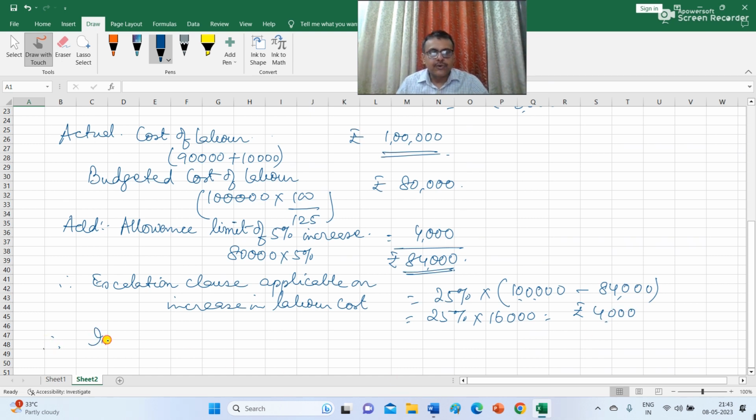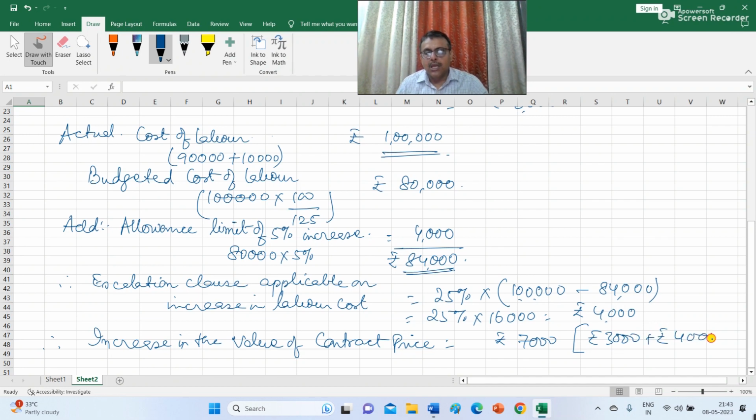Therefore, increase in the value of contract price is rupees 7,000. 3,000 for material and 4,000 for labor. So due to escalation clause, there will be an increase of 7,000 in the value of contract price.